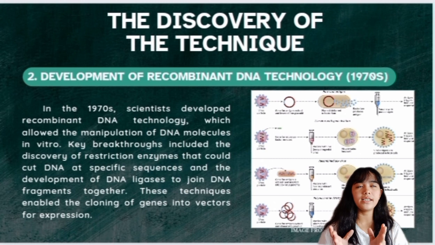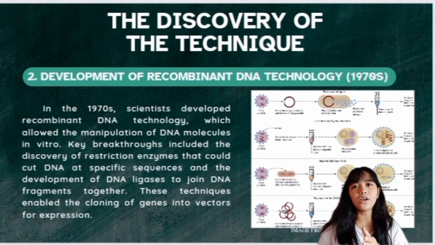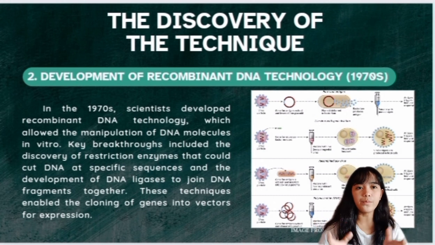And this gene is then inserted into the vector. The sticky ends of the DNA and the vector combine and are sealed using the enzyme called the DNA ligase. The resulting plasmids contain the recombinant DNA.